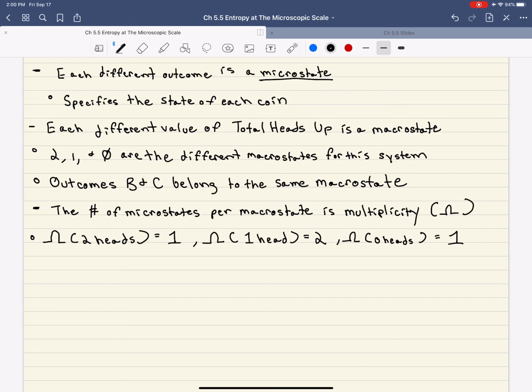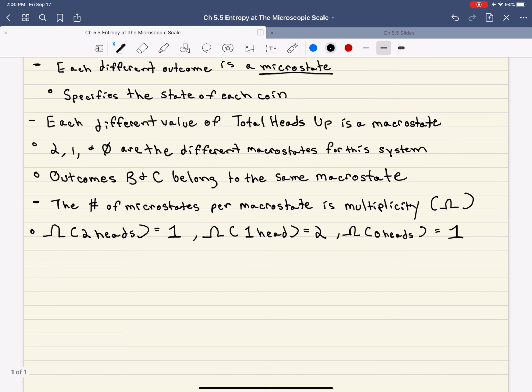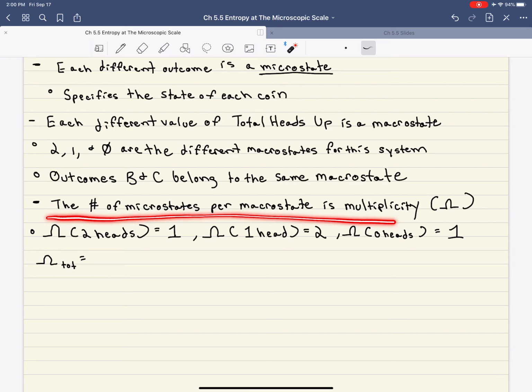Okay? Alright, and so if we add the total number of different types of microstates that we get, which would just be a sum of the multiplicities of the macrostates, we would get 4, right?